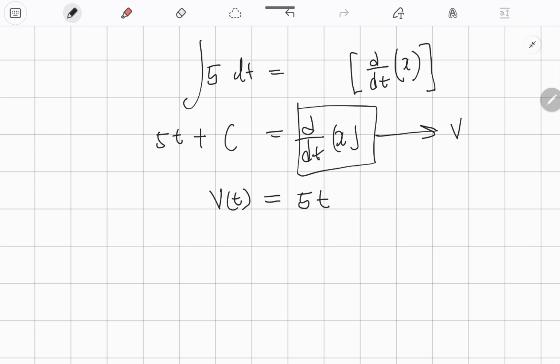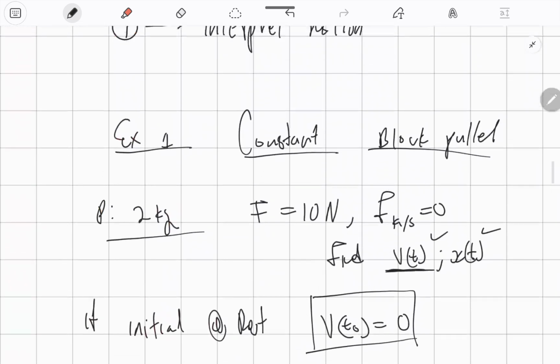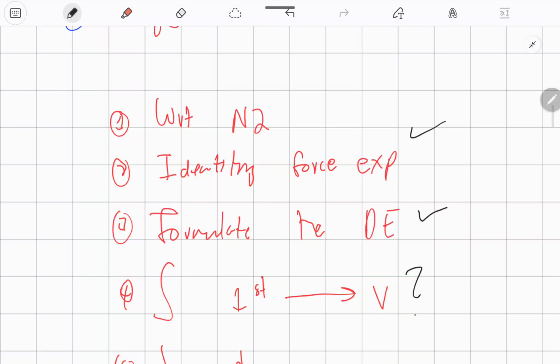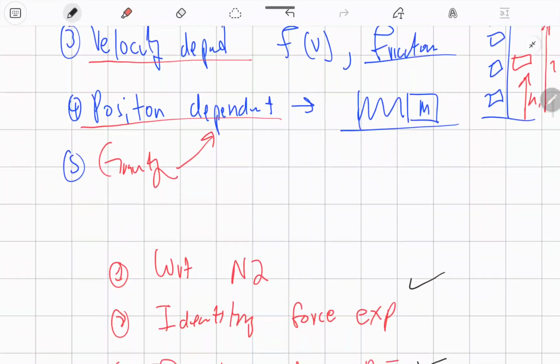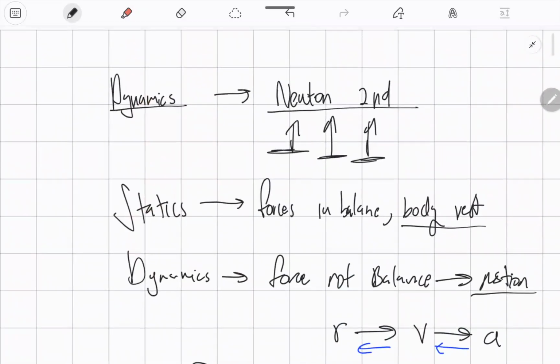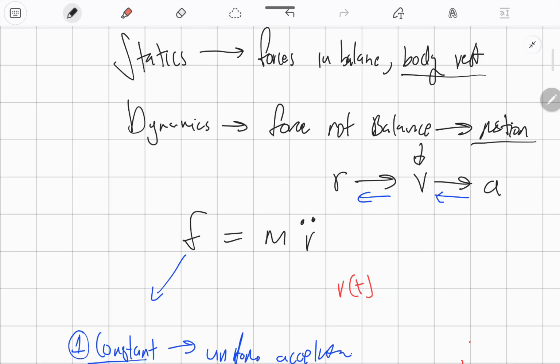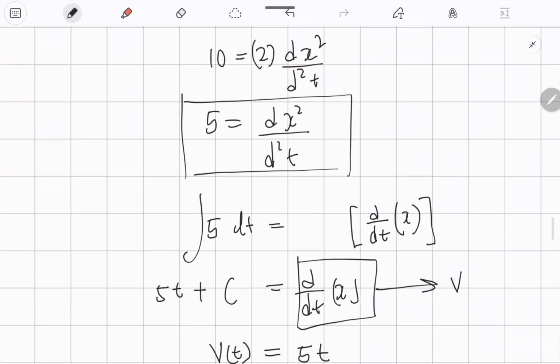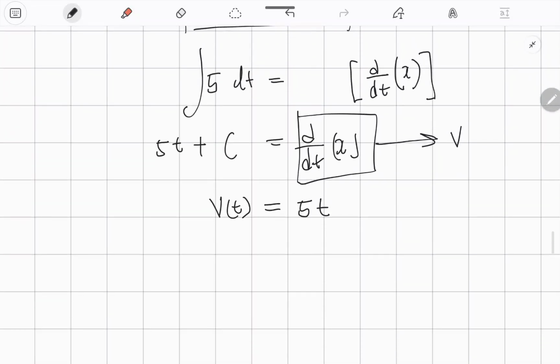Okay, right? You know, remember our map there? If I'm at v and I'm trying to go to r or position, I will have to integrate. Remember, integrate is the blue one. Right, let's go back here. Now let's integrate both sides.